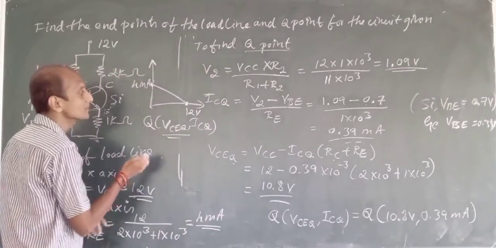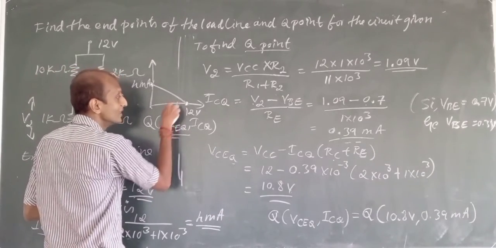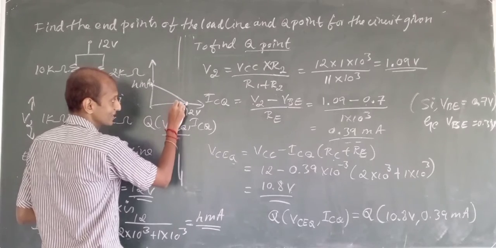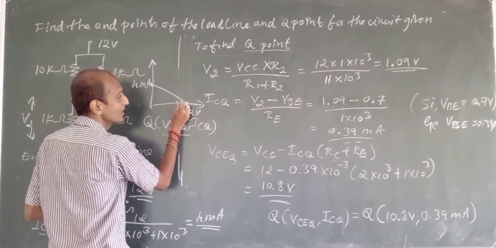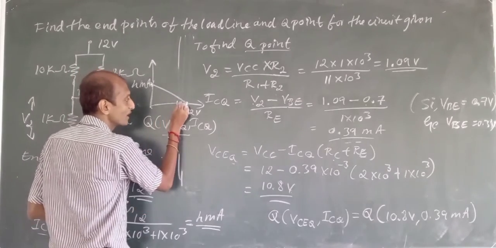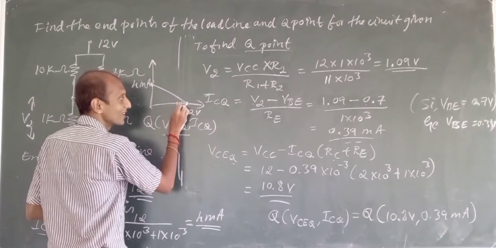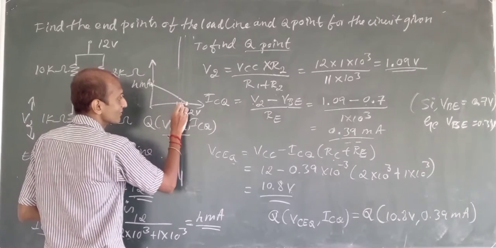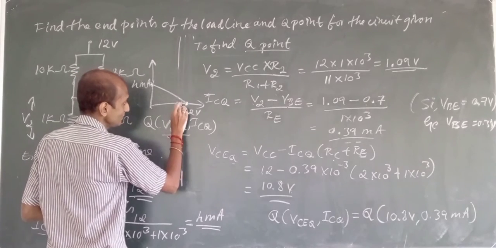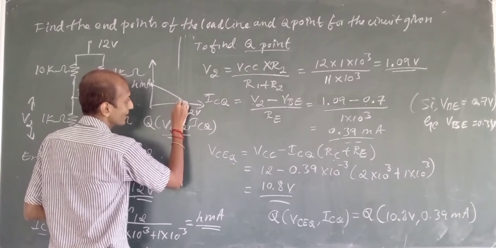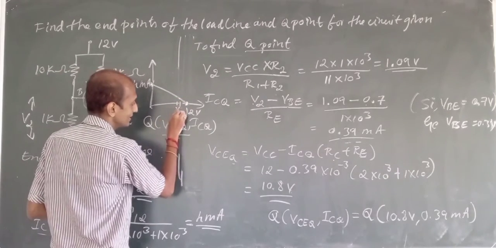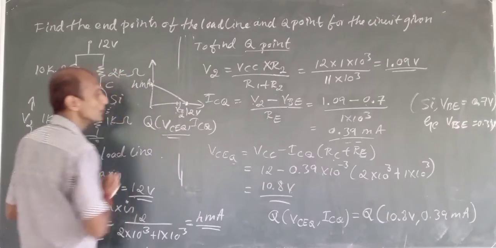In our previous diagram we took this as 10 volts, so 10.8 will be coming somewhere here, close to 11. Okay, so this is your VCEQ.